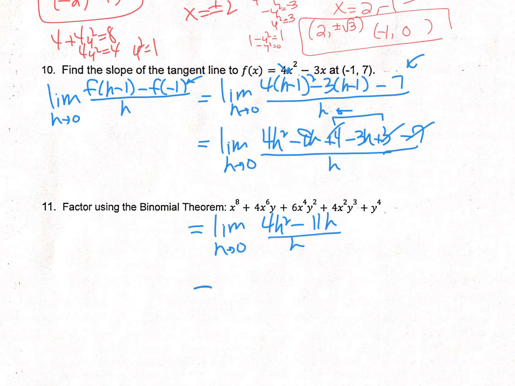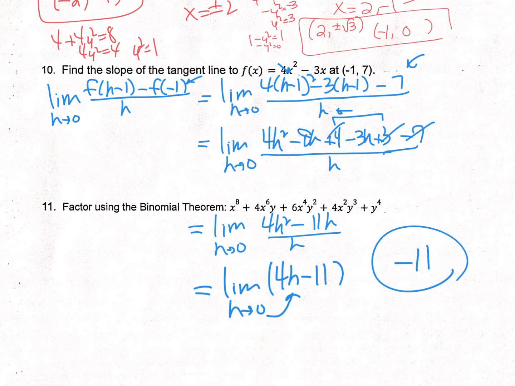Cancel the h's, so I have the limit as h approaches 0 of 4h minus 11. Now I'm good to plug in the 0. If I plug in the 0, that just leaves me negative 11. And guys, that's the slope of the tangent line, negative 11. So we just had to do that limit there, the derivative.